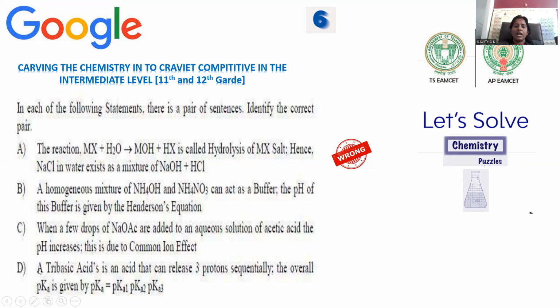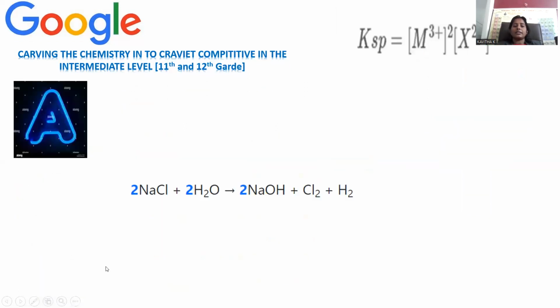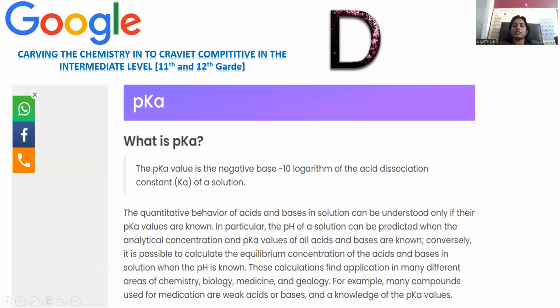We can say a tribasic acid that can release 3 protons sequentially. The overall pKa value is given by pKa1, pKa2, pKa3. Tribasic acid means what? The compound which is able to release 3 H plus ions. pKa stands for what? Negative log of Ka is called pKa.